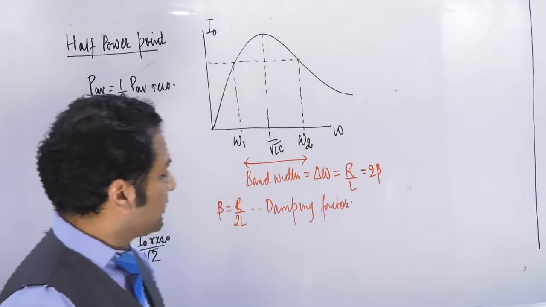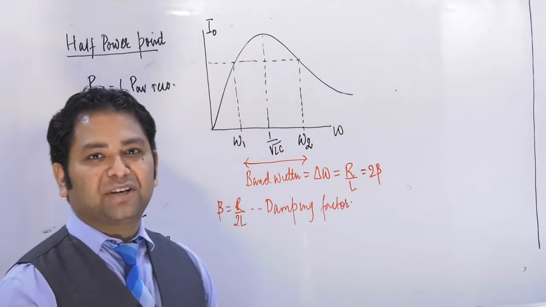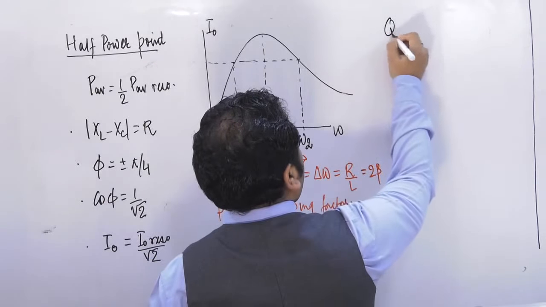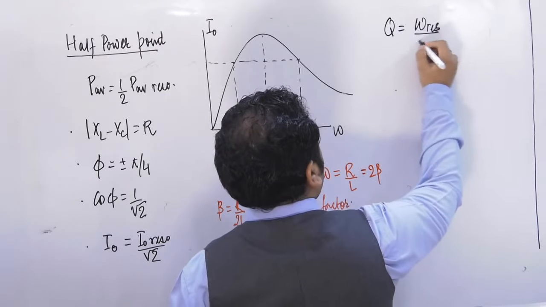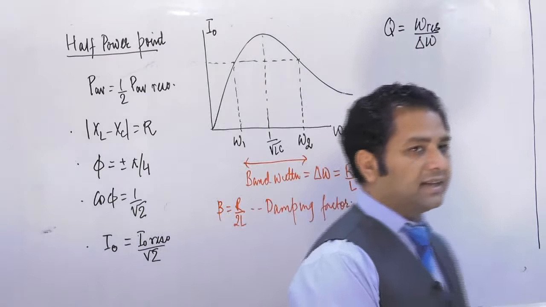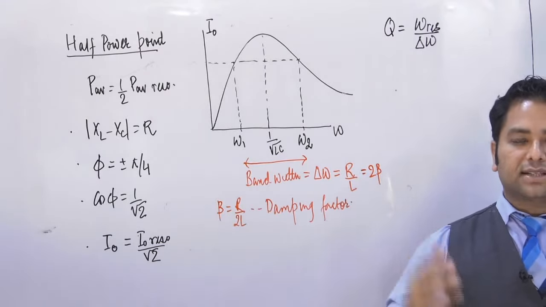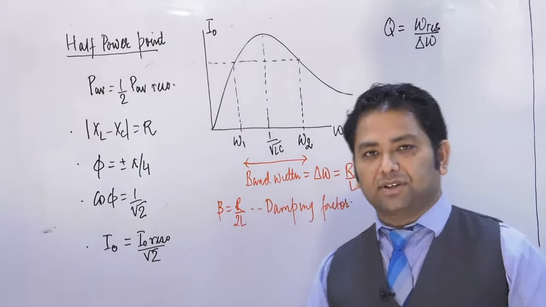Now let's see. First of all, Q factor is also alternatively defined as omega resonance divided by delta omega. The same Q factor, one way we had defined as the voltage across the inductor by the voltage peak at resonance.